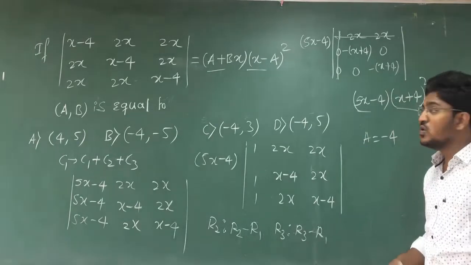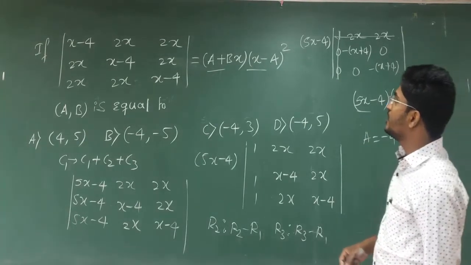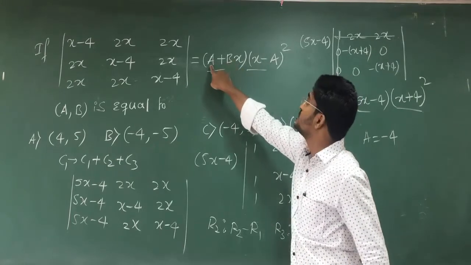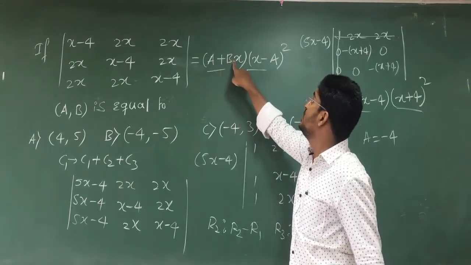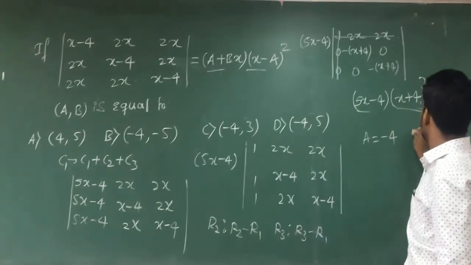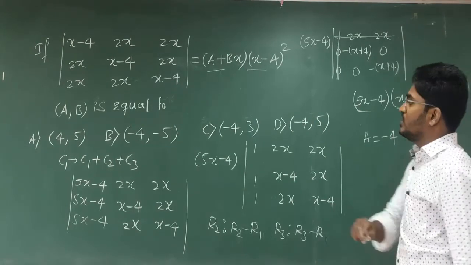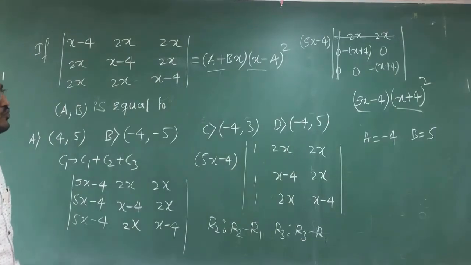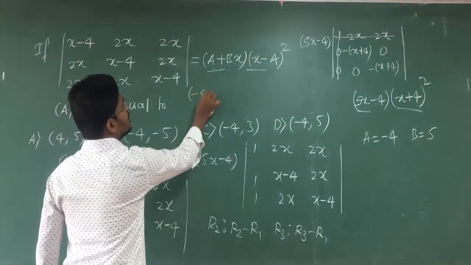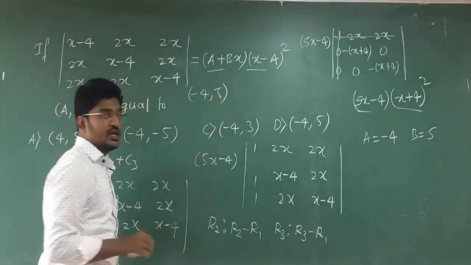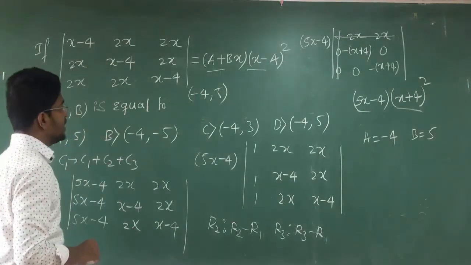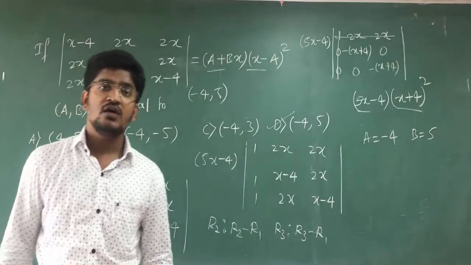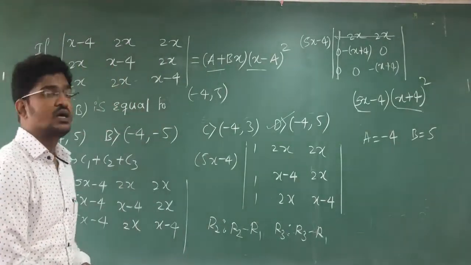A will be equal to minus 4, and if you compare these two terms, see, bx minus 4, a value is minus 4, no problem. B value is how much? 5. So b value is 5 and a value is minus 4. So the pair will be minus 4 comma 5. So that is your option D. Clear? Minus 4 comma 5 will be the correct answer.